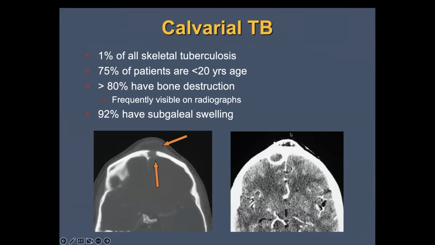So here you can see, since the scalp is thin, often you'll be able to see that protrusion in the scalp externally, but remember that you can also have extrusion into the subdural space as well, or the epidural space. And so it's really important to get brain imaging if you have swelling on the outside of the skull to make sure that you don't have intracranial disease as well.